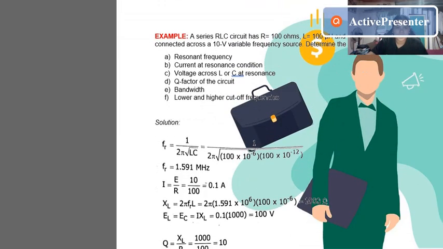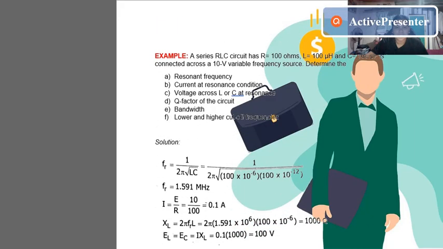We have here a series RLC circuit with R equal to 100 ohms, L equal to 100 microhenries, and C equal to 100 pF, connected across a 10 volt variable frequency source.